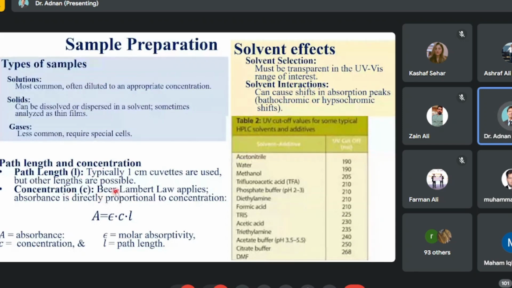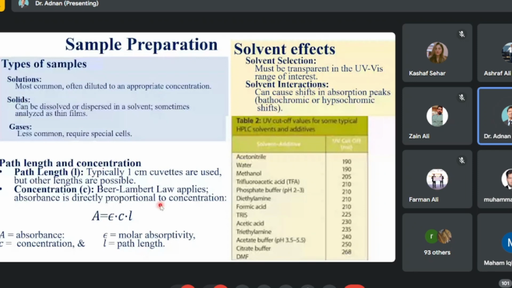In the Beer-Lambert law, absorbance is directly proportional to the concentration of the sample, and also directly proportional to the path length of the cell. So we get the equation A = εCL, where ε is the molar absorptivity, A is absorbance, C is concentration, and L is path length.